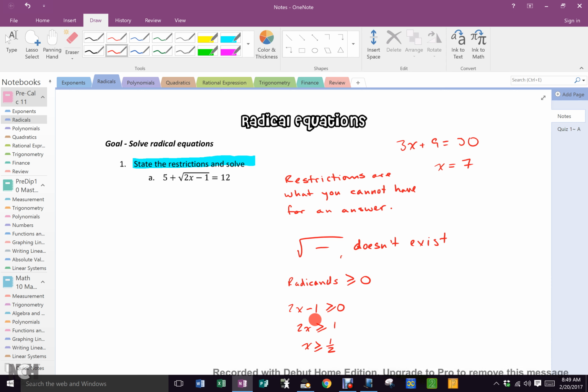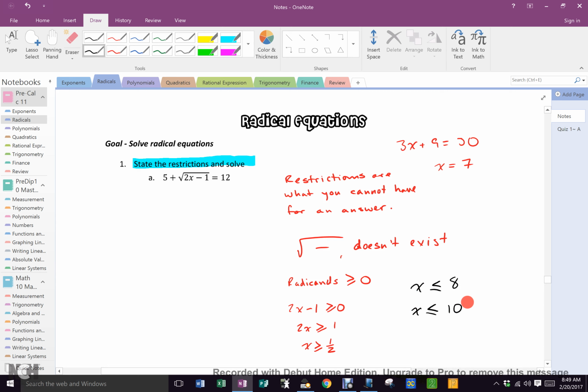What if there's more than one radicand? Then you got to do all the restrictions. Okay? Now, sometimes those restrictions will double up on each other, right? Like if you find out x must be less than or equal to 8, and x must be less than or equal to 10.